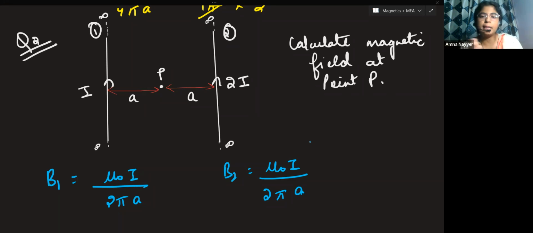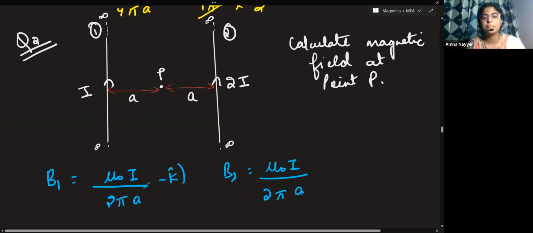Tell me, Sneha, for the second one. So into the page means inwards. This is which axis? Minus K cap. Tell me which unit vector will come for B2?